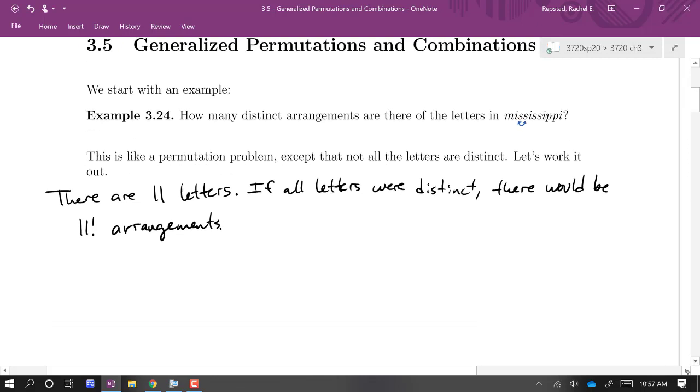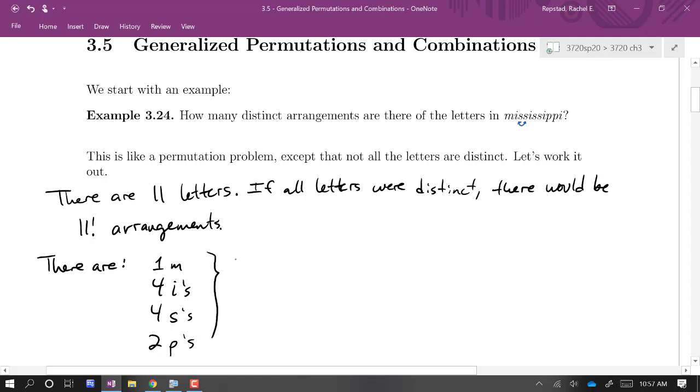But what we can do now is just count how many distinct letters we have and how many of them. We've got one M. We have 1, 2, 3, 4 I's. We've got 4 S's. And we've got 2 P's. And that accounts for all 11 letters.